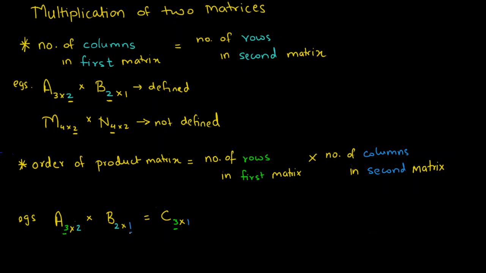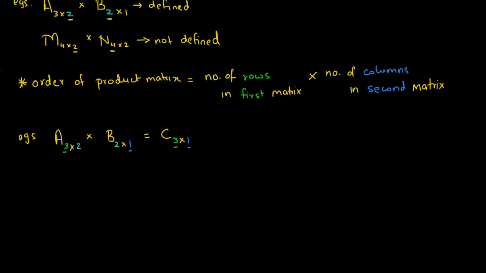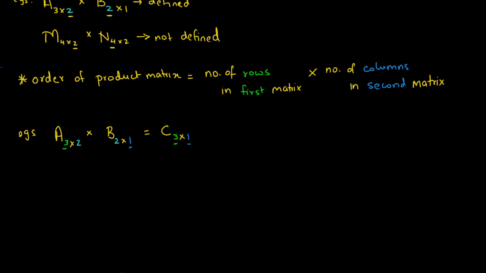If I had to summarize this entire topic that we just looked at, suppose I take a matrix A of the order M by N, and I'm multiplying it by a matrix B. First of all, realize the number of columns in the first must be equal to the number of rows in the second, so the number of rows in matrix B has to be N. And suppose it has P columns.